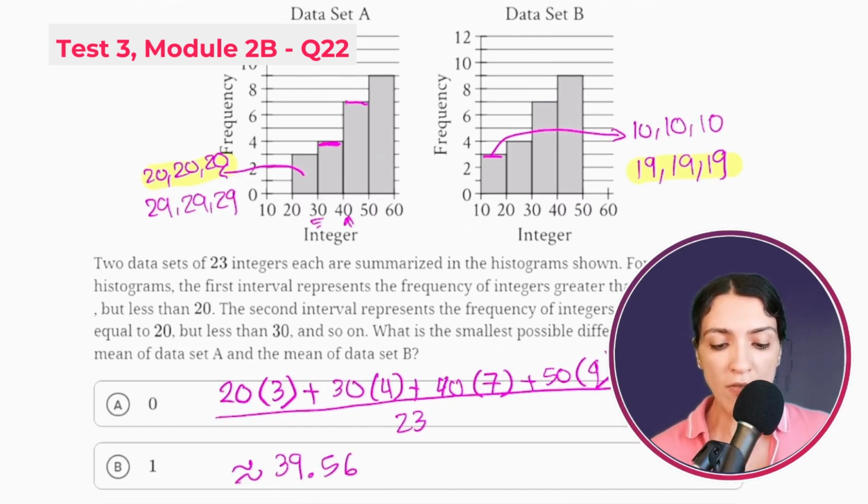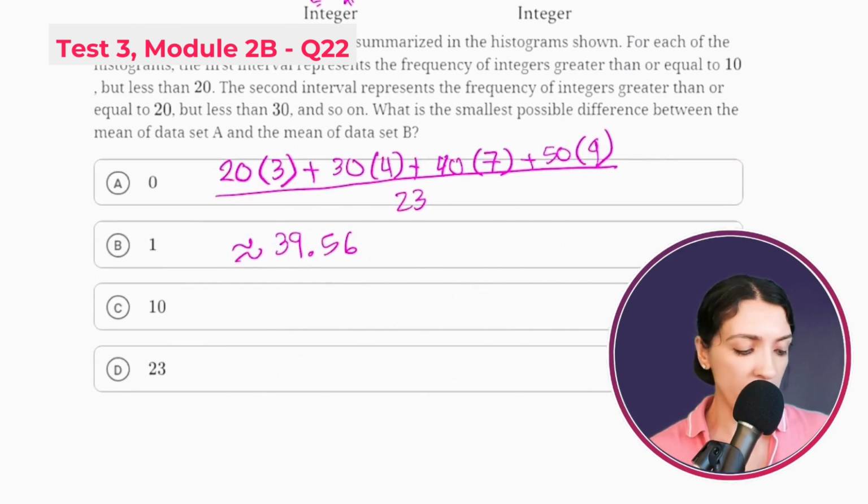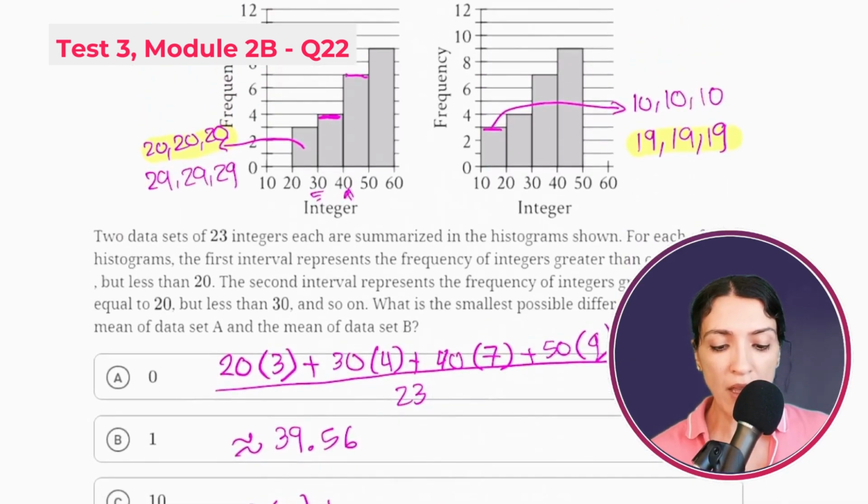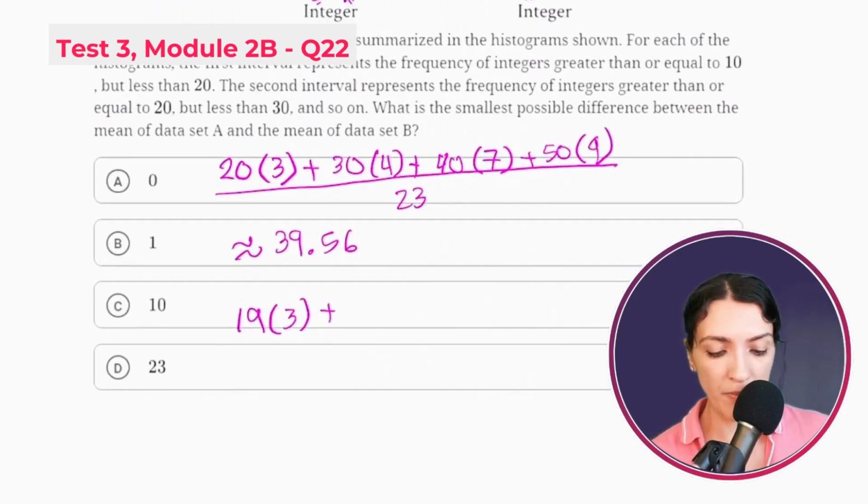Now we'll do the same for data set B. For data set B, we're taking the maximum possible values for each bar. So for example, for bar 1, we said that the maximum would be 19. So let's find the mean for data set B. It'll be 19 times 3. The second bar has a height of 4, and the maximum that it can be would be 29, so we'll have 29 times 4.